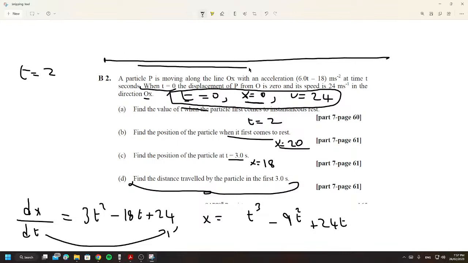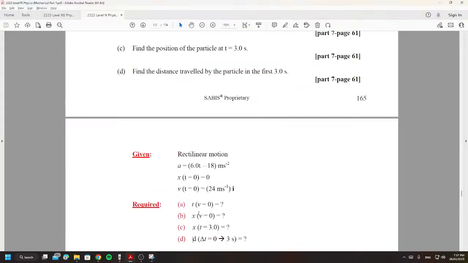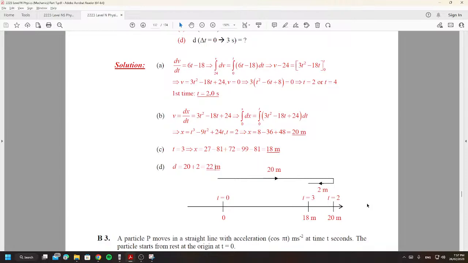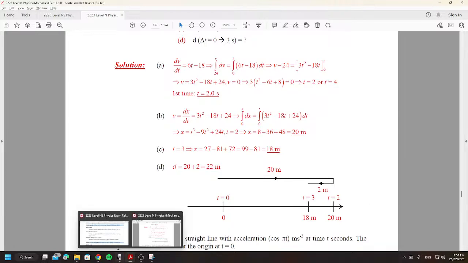And then in the other second, when t is equal to 3, and they're asking for the first 3 seconds, so the final second, it went back to 18. So it traveled 20, and then another 2 meters to go to 18. So 20 plus 2, 22. And I'm confident about this one. Yeah, 22. So you see it moved 20 and then moved another 2 back to go into 18.